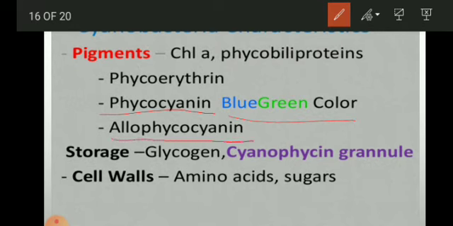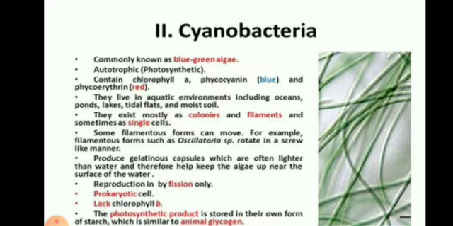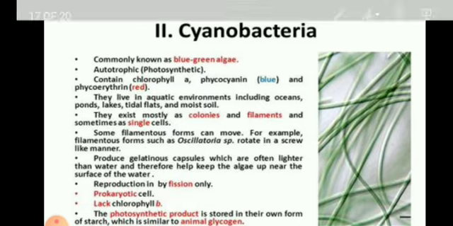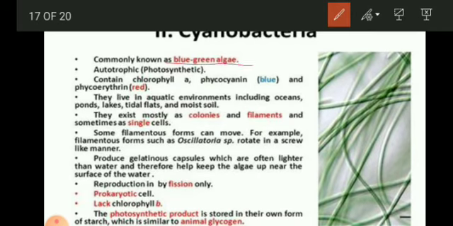They store their food in the form of glycogen, present in their body as cyanophycin granule structures, and their cell wall is made up of amino acids and sugar. So they are commonly known as blue-green algae, and they are autotrophs, like photosynthetic. That's why they are green in color.